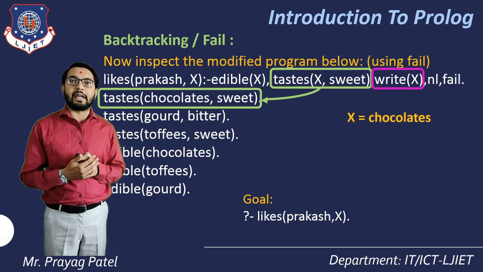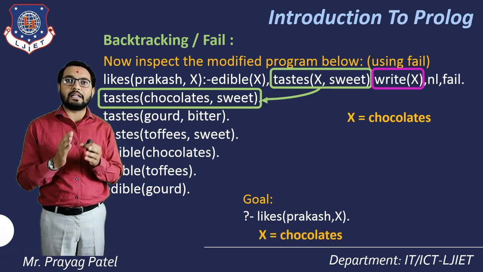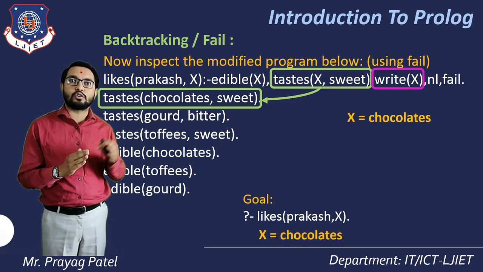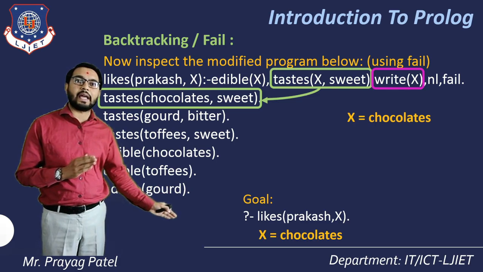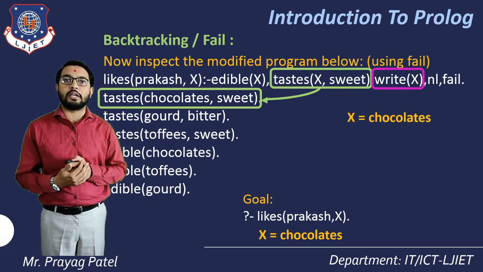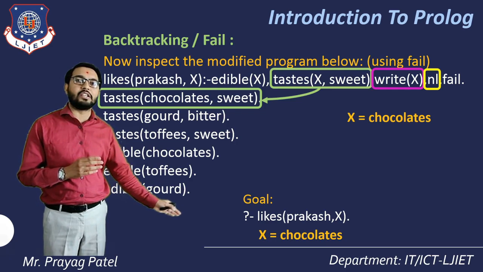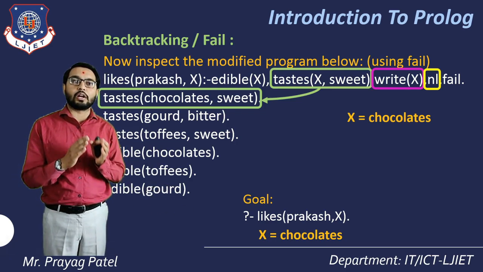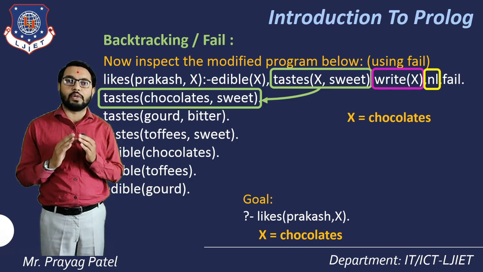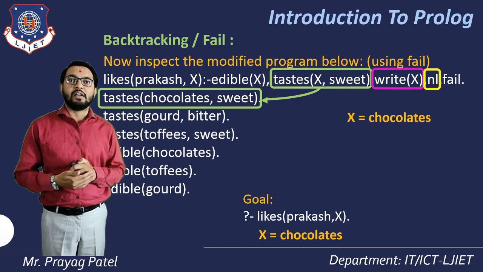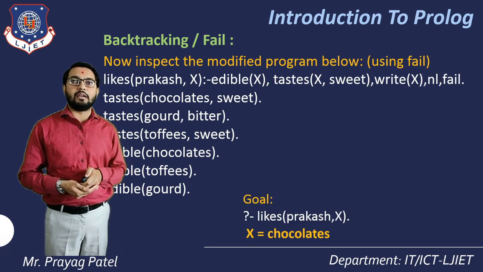This rule is also satisfied because this is a fact. Now next is write x. Write x is used to write your result x. So x is chocolate, and here we write x equal to chocolate in the goal state. Now next is NL. NL is used for new line. So in the resultant state, in the goal state, your cursor is at the next line. Now the next command is fail.